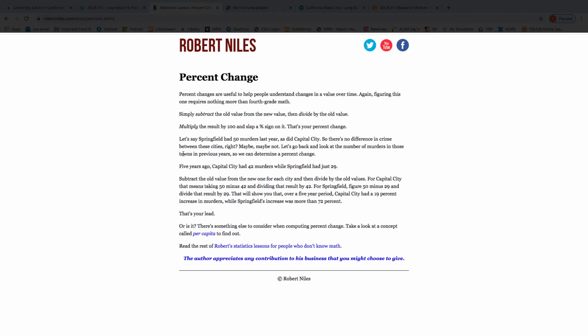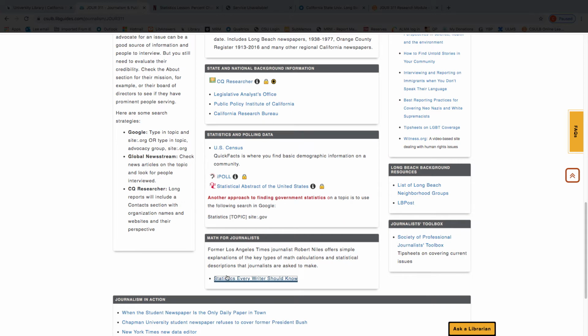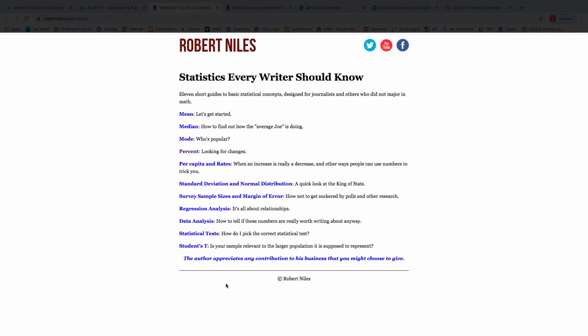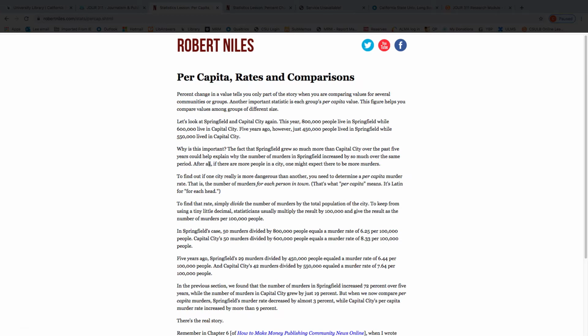That's not often going to be the case where the number is going to go up 100%. Another thing that you have to be very aware of in your reporting is per capita and rates.